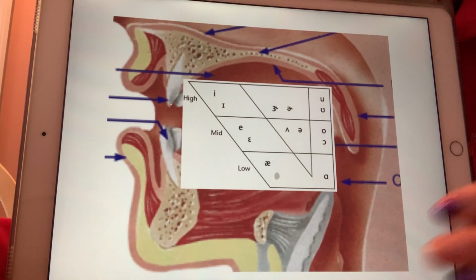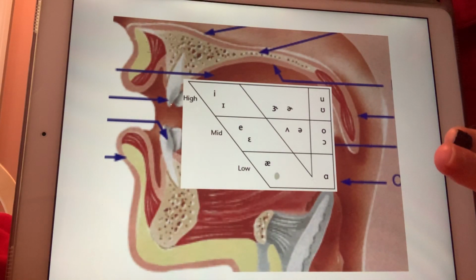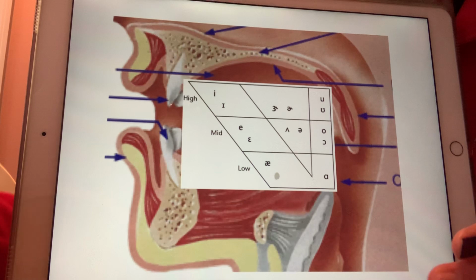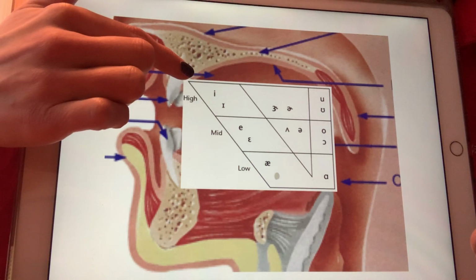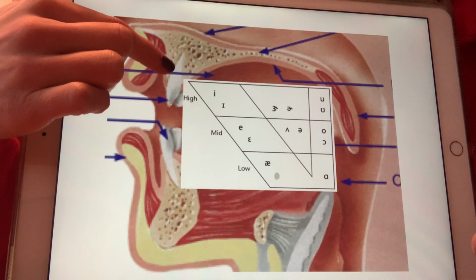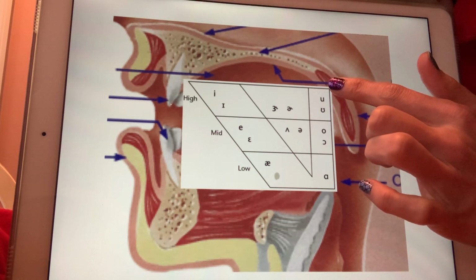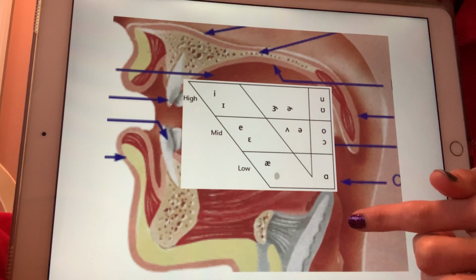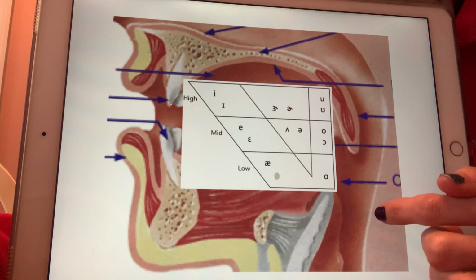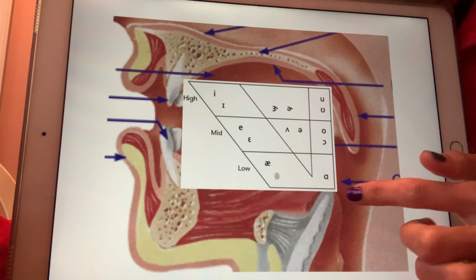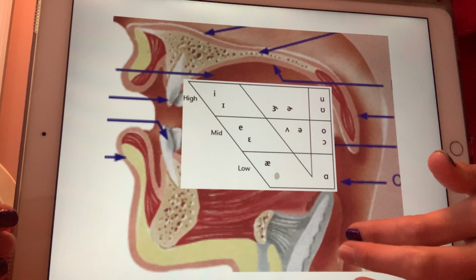All right, so moving on, here's our vowel quadrilateral inside our oral cavity, right? So here you go. There's your high front vowel right there at the back of your top front teeth. There's your oo right there in your soft palate, and your ah right there at the base of the tongue where you're about to swallow. And then all the vowels in between.